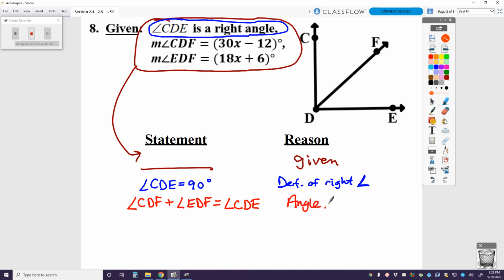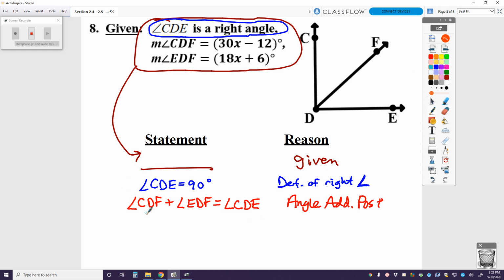So that's what the angle addition postulate looks like. You have to name little angle, you have to name little angle, and then equals, then you have to name the big angle. The only time you can get away with not naming that big angle is if it was the straight angle postulate. Automatically it equals 180 degrees.